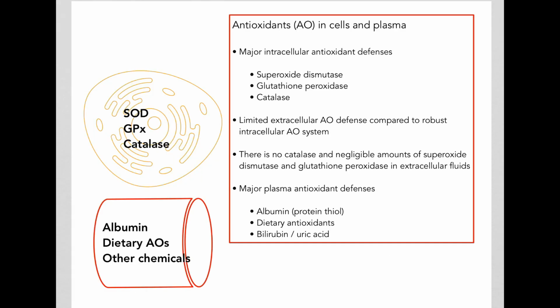Now, while inside cells we have this very robust antioxidant defense system, including SOD, glutathione peroxidase, and catalase, outside cells, like in the plasma, there is very limited antioxidant defense. There is no catalase present outside cells, and negligible, very small amounts of superoxide dismutase or glutathione peroxidase present in extracellular fluids.